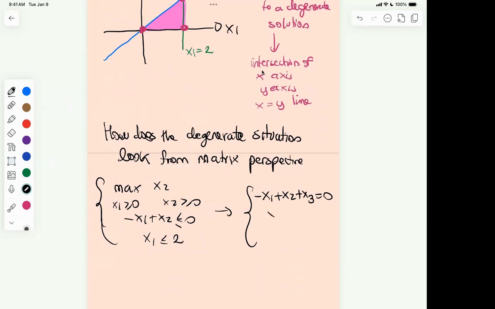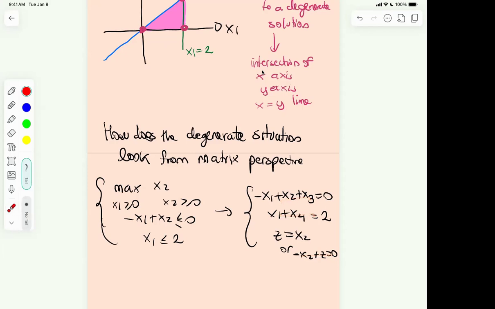And then you get x1 plus x4 equals 2. And again, it's convenient to call the optimization function z. So I'll call that z equals x2, which is the same as saying minus x2 plus z equals 0. So the equations are this one, this one, this one, and this one. We have 3 equations here.